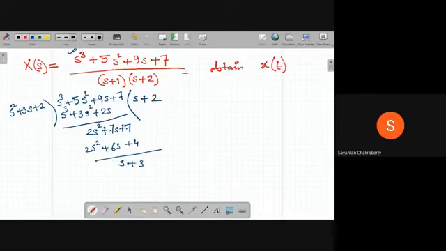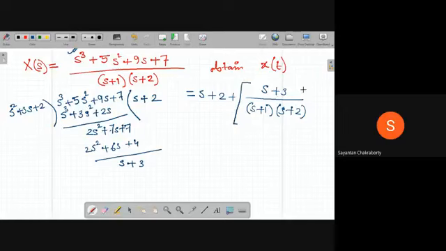So what will be this? This can be represented as, just a second. How can it be represented then? It can be represented as s plus 2 plus (s plus 3) divided by (s plus 1) into (s plus 2). Right? So this is very easy to obtain the inverse Laplace of.